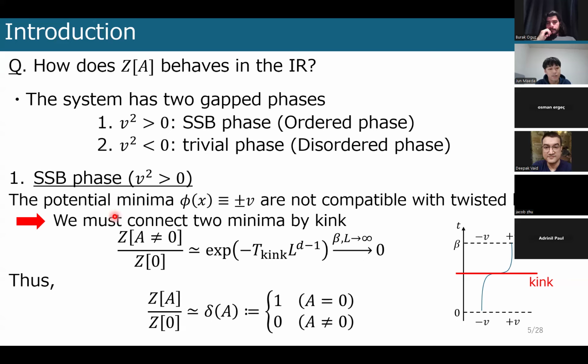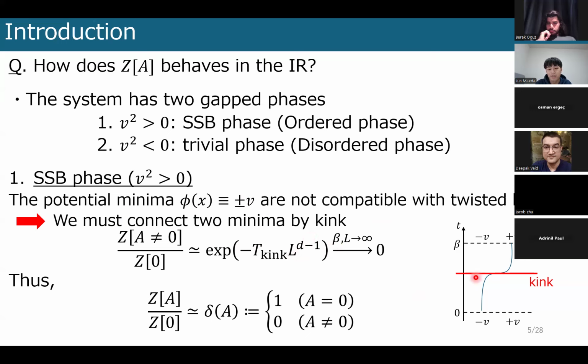In the SSB phase, there are two potential minima, which are represented by phi(x) equals plus or minus v, and these constant configurations are not compatible with the twisted boundary condition because the twisted boundary condition flips sign. So plus v flips to minus v and minus v flips to plus v. Instead, we must connect the two minima plus v and minus v by some kink contribution.